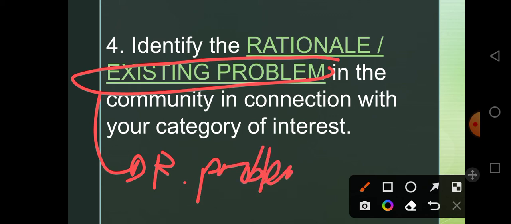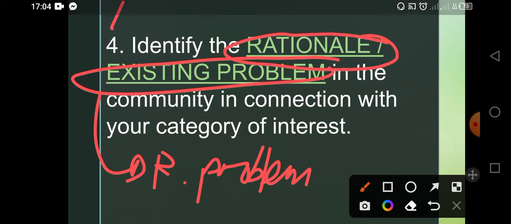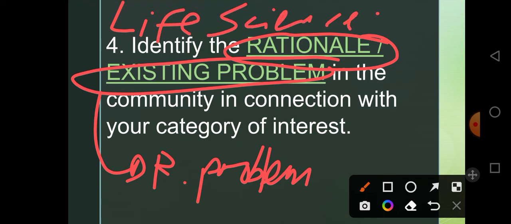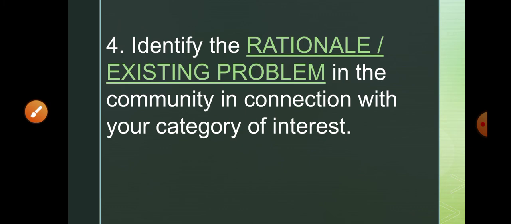Okay? So you must take note, class, that the category you have chosen from the very beginning should have a connection to your rationale. So notice, class, that from life sciences, we identified our rationale, meaning to say there is a connection. Okay? So with these steps, class, in identifying the research problem, what did you notice? Okay? What approach did we use?